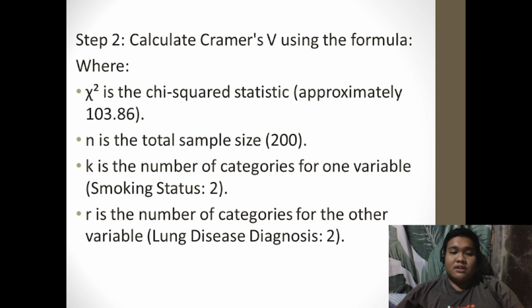This is the result that I calculated for chi-squared. n is the total sample size, which is 200. k is the number of categories for one variable, which is smoking status, and r is the number of categories for the other variable, lung disease diagnosis. They are both 2.